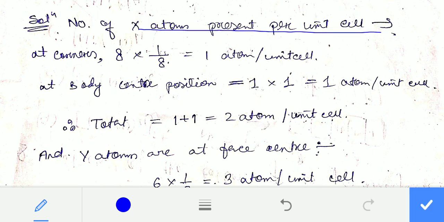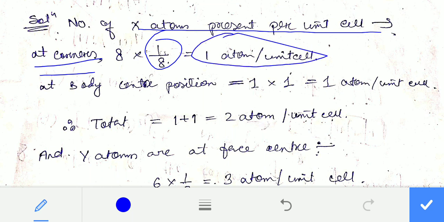Since X atoms are present at the corners, the contribution per corner is always 1 by 8, which we know. So 8 corners in a cubic cell give 8 into 1 by 8, which is 1 atom per unit cell. That is, when any atom is present at corners, it contributes 1 atom per unit cell, right?